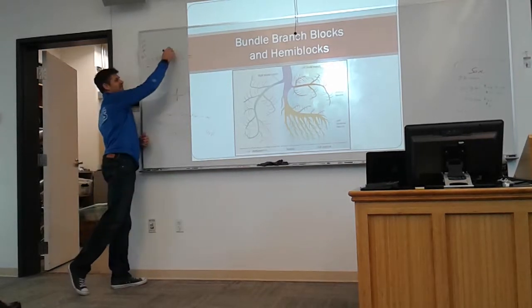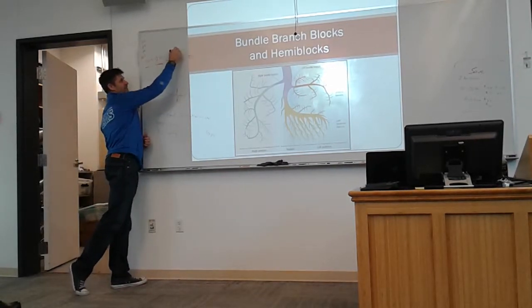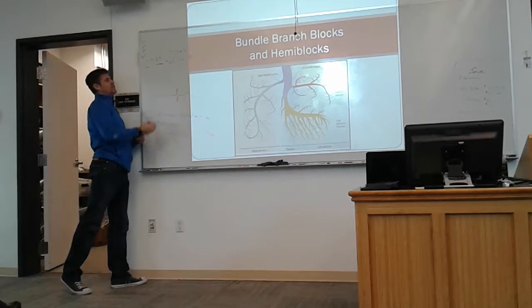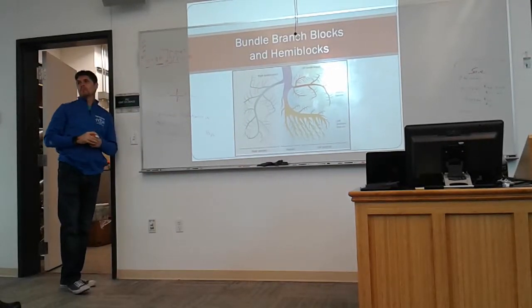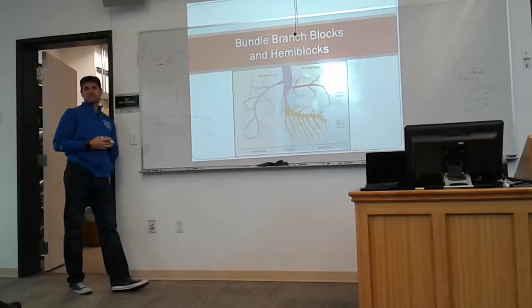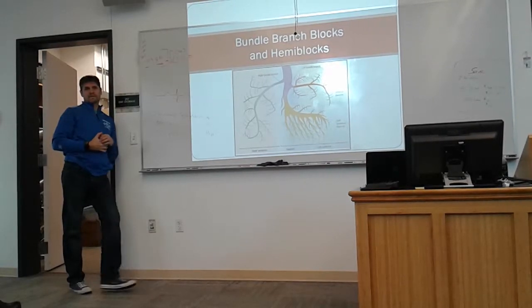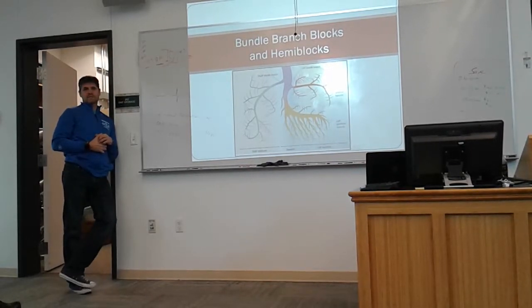So this right here starts the QRS, which means all of this has to be done by the end of the PR interval. Does that make sense? In a perfect world. And it's the AV node that delays it, which gives it some space for the PR interval.